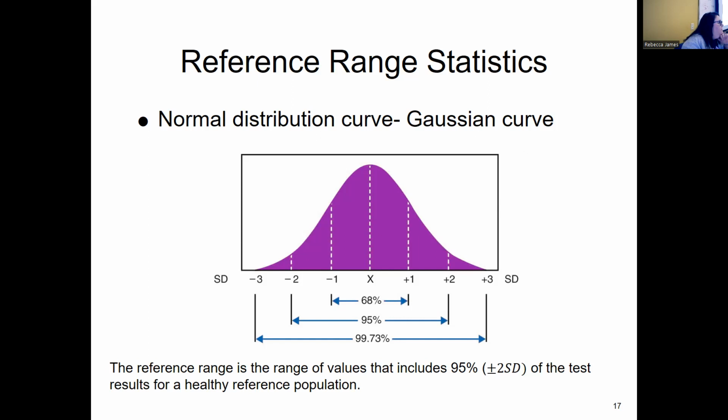Mean? Yep, your mean. This is your mean, so this is your average, right? And then plus 1 SD, plus 2 SD, plus 3 SD. Okay? So the mean, what is the mean? Average. So the mean is the mathematical average calculated by dividing the sum of all individual values by the number of values.